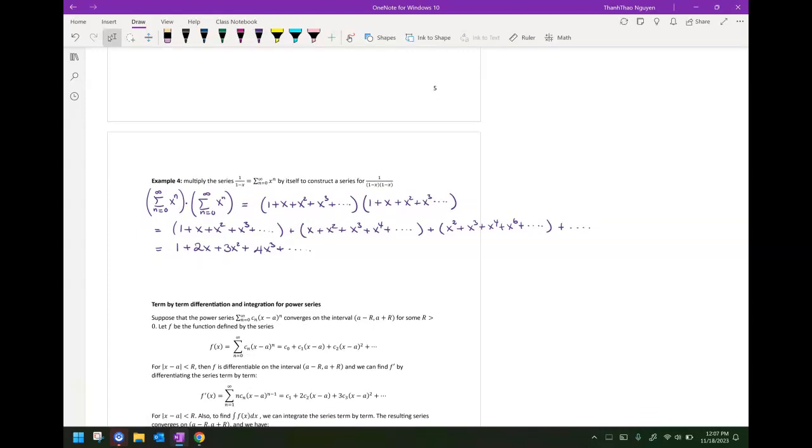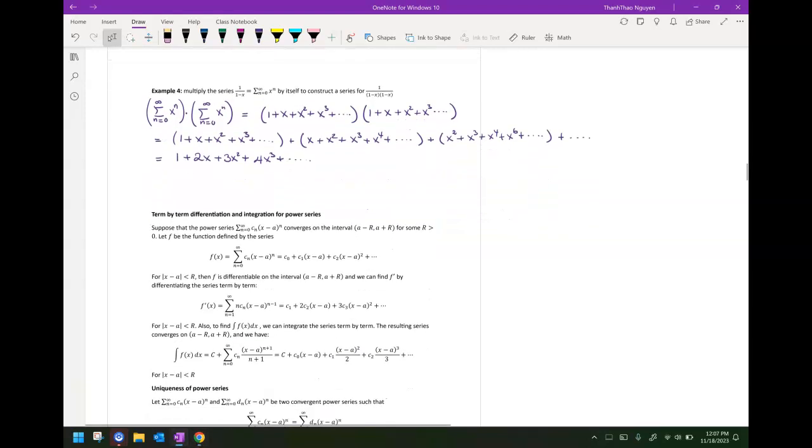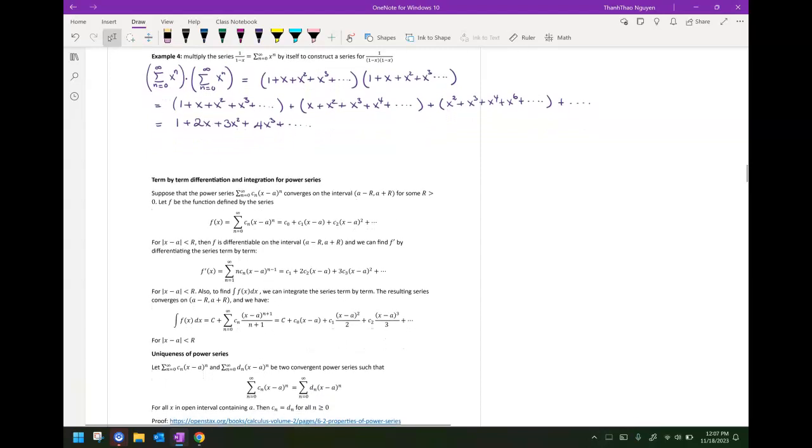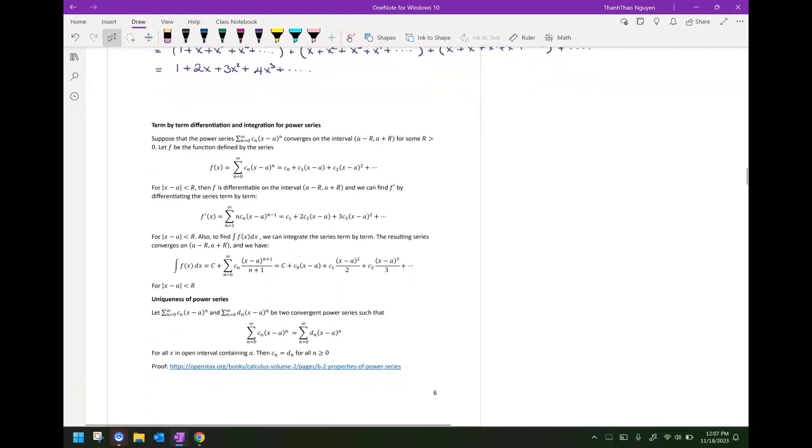Let's talk about the term-by-term differentiation and integration of the power series. Suppose we have a power series centered at a with some radius r greater than 0, and we have the function represented by the series. We know that the series converges when the absolute value of x minus a is less than r, and this means the function is also differentiable on that interval.